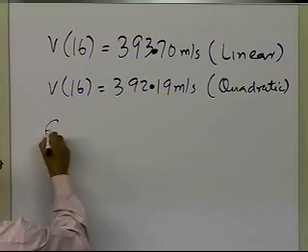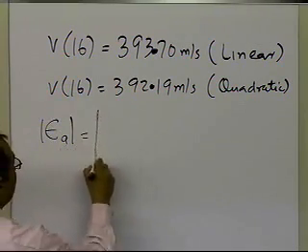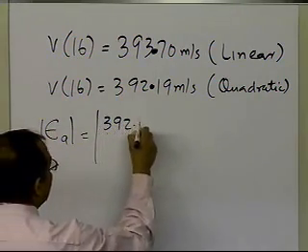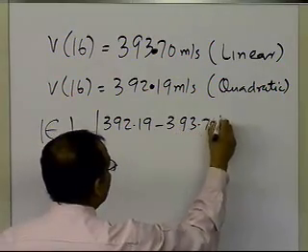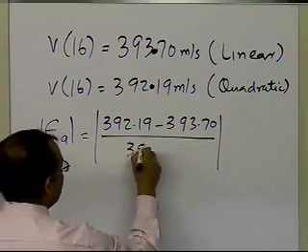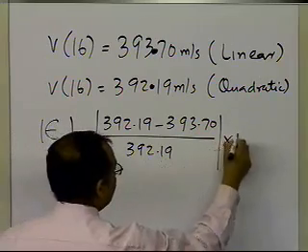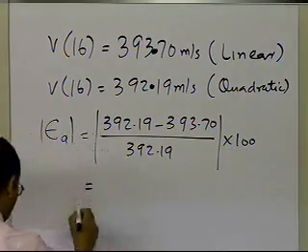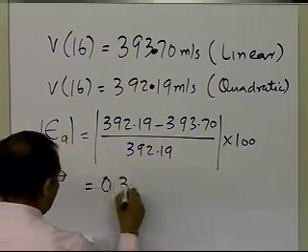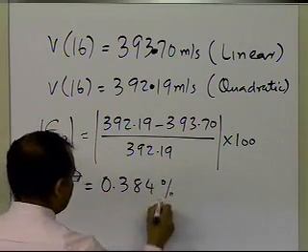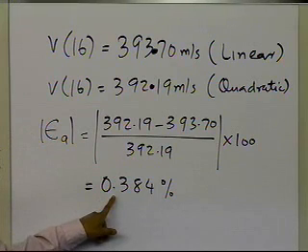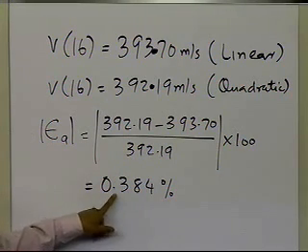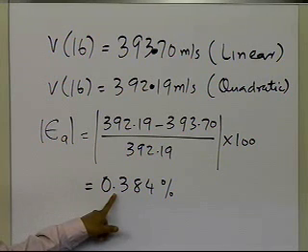So I'm going to calculate my absolute relative approximate error as the current approximation, which is from the quadratic interpolant, minus the previous approximation, which is from the linear interpolant, divided by the current approximation, and then multiplied by 100. And in this case, what I get is 0.384%, which basically tells me that I can trust two significant digits in my answer, because less than or equal to 5% would be one significant digit, and less than or equal to 0.5% would be two significant digits.